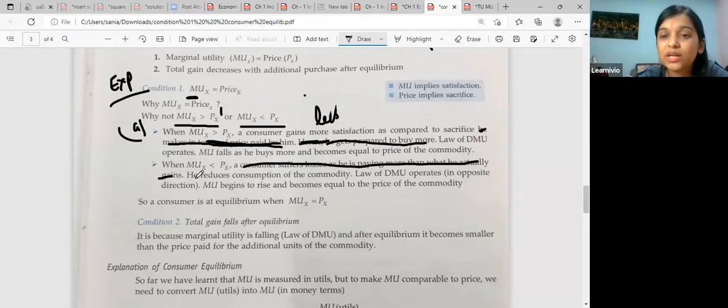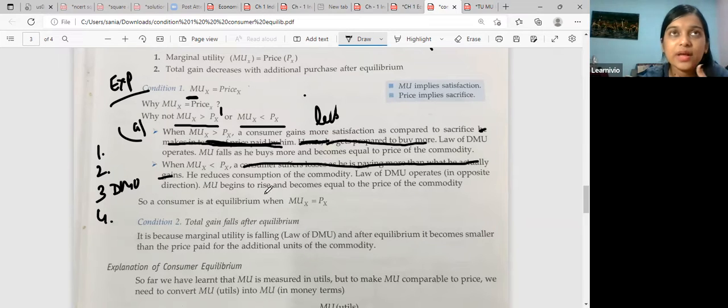So what will he do? He increases consumption of the commodity. First point. Second point, he increases the consumption of the commodity. Third, it's law of DMU. And then fourth, the MU will start falling and it will fall till it becomes equal to this.